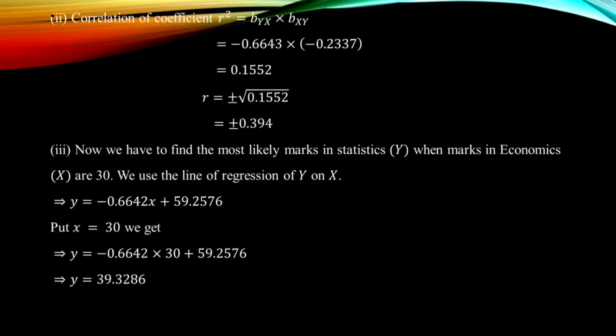Now the y expression is minus 0.6642x plus 59.2576. In the question it is given that x value is 30. So by substituting x equal to 30 in this y equation, we have y is equal to 39.3286, which is the statistics marks for the corresponding x equal to 30 value.